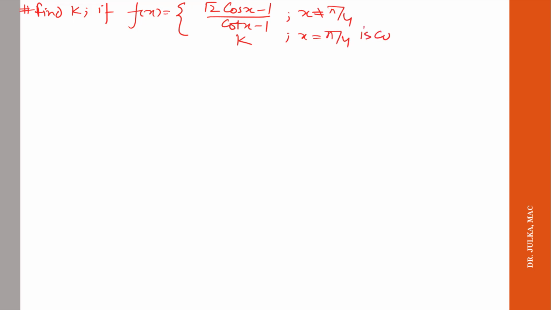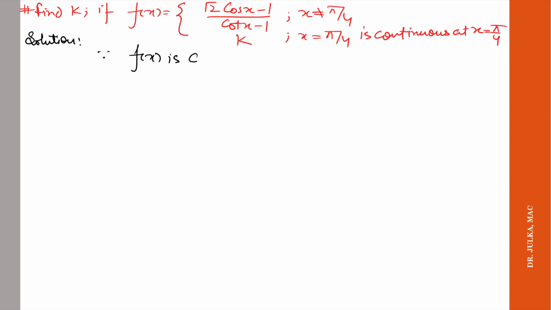Last example. Find k if f(x) equals root 2 cos x minus 1, the whole divided by cot x minus 1 when x is not equal to pi by 4, and k when x is equal to pi by 4, is continuous at x equals pi by 4.